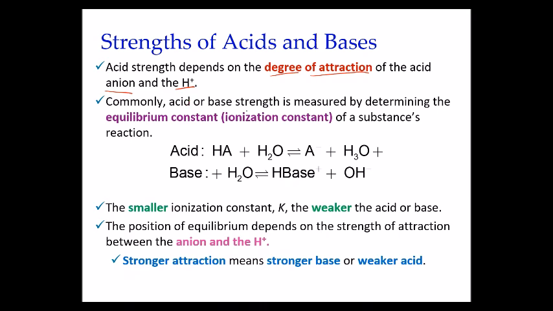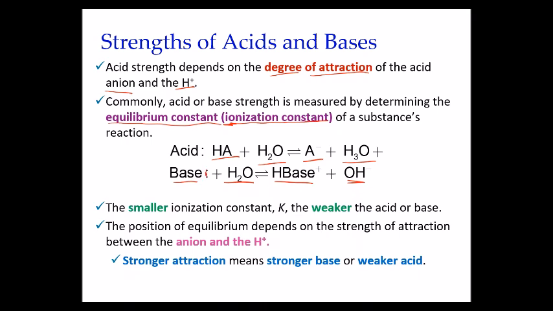Acid-base strength is measured by the equilibrium constants, or the ionization constant. Like I said, they like to use this word ionization here. So as you can see, the reaction in general is the acid plus water gives you the conjugate base and hydronium, which is the conjugate acid, or the base plus water gives you the conjugate acid, and then hydroxide is the conjugate base.